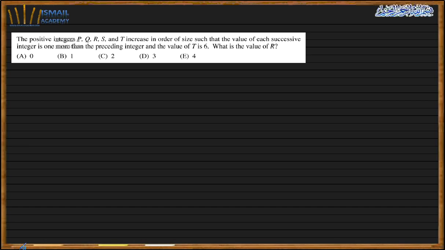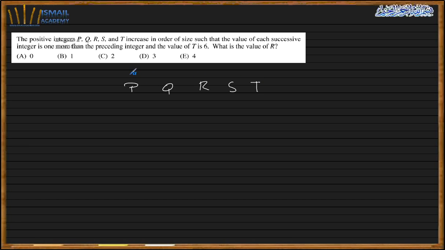Next, P, Q, R, S and T are integers such that the value of each successive integer is one more than the preceding integer. That means if this is 2, this is 3, 4, 5, 6.